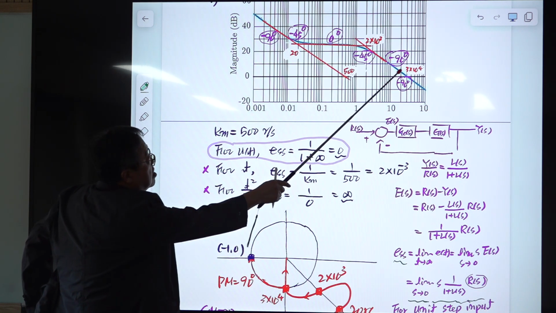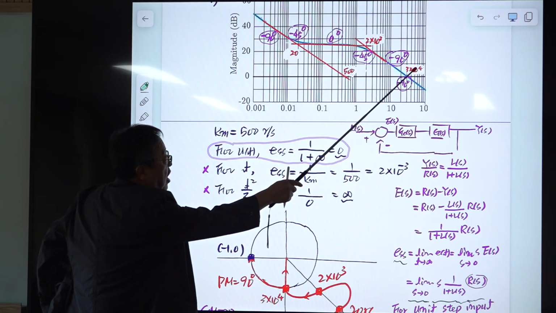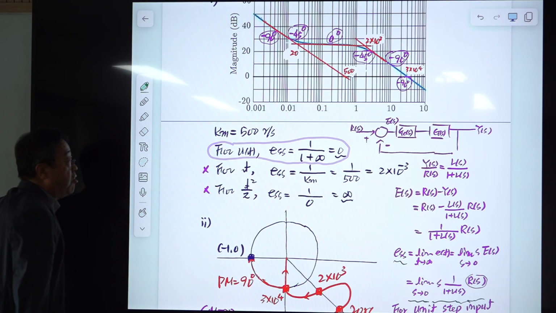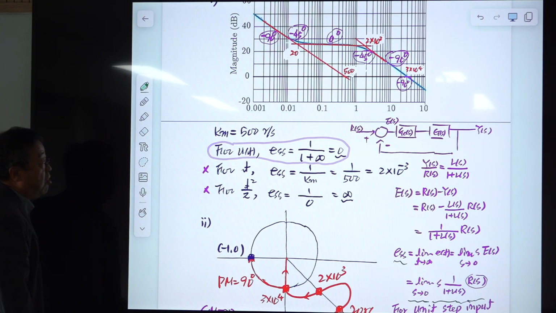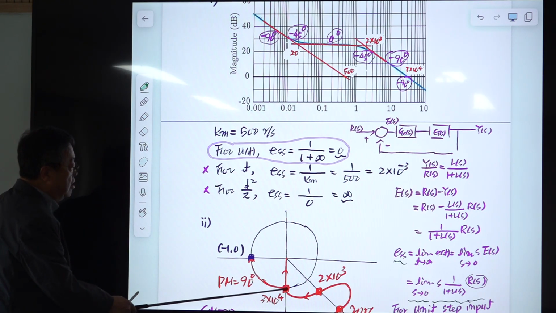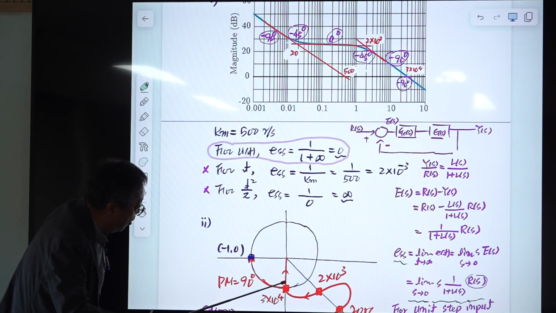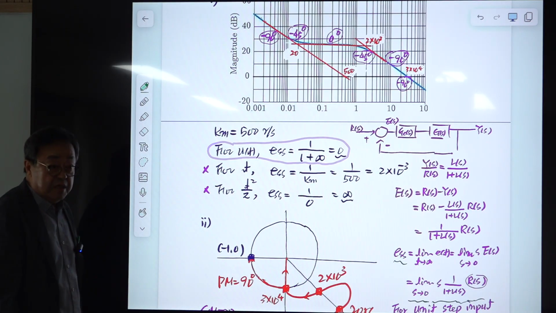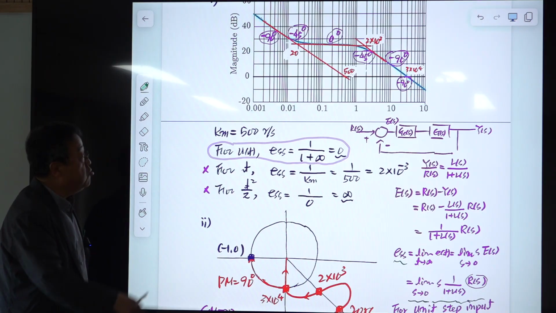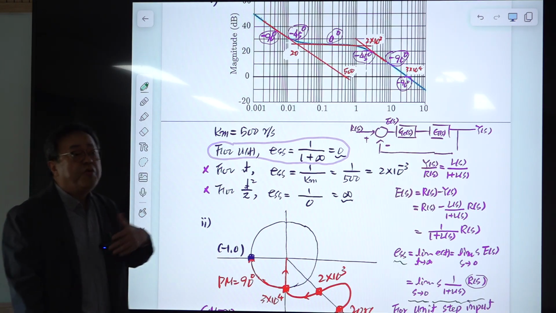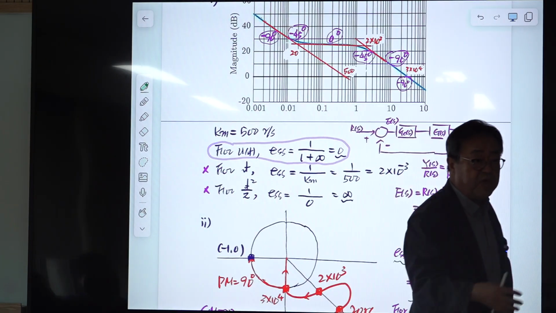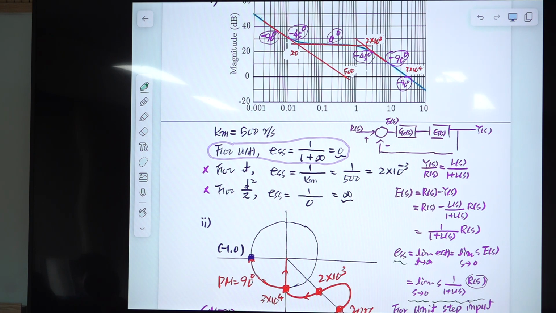This value is 3 times 10 to the 4, okay, 30 kilo radian per sec, and the phase is minus 90, so it's sliding up along this vertical axis here, okay. So this is the polar plot. So you should know this at least. You don't have to know every detail about transforming from Bode plot to polar plot, or plotting the polar plot of every transfer function. That is not necessary, but you should know the idea of this.